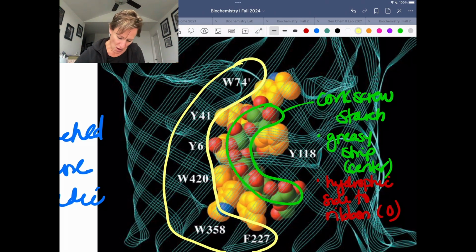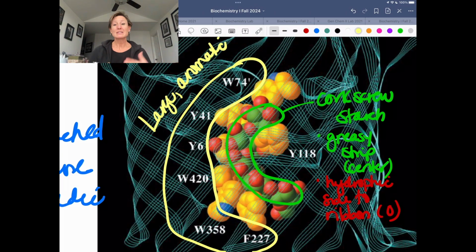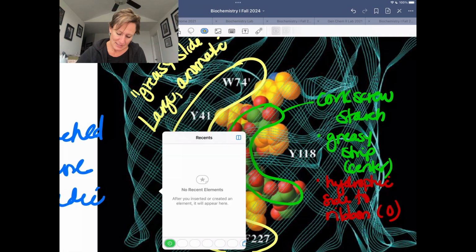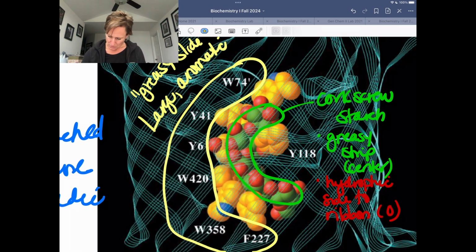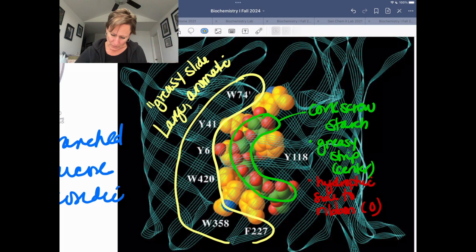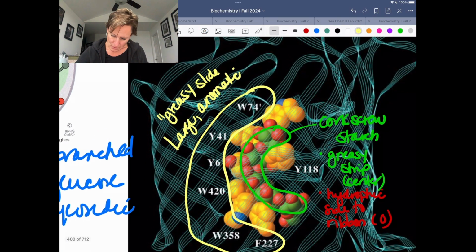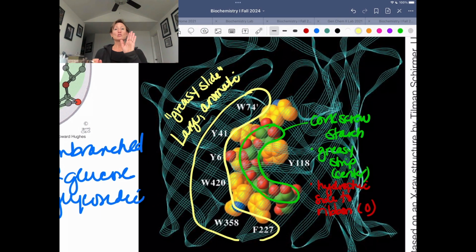So this is a very large aromatic set of amino acids, and this is going to be, again, what we're going to refer to as a greasy slide. So you've got a greasy ribbon and a greasy slide. They are going to be happy when they find one another.